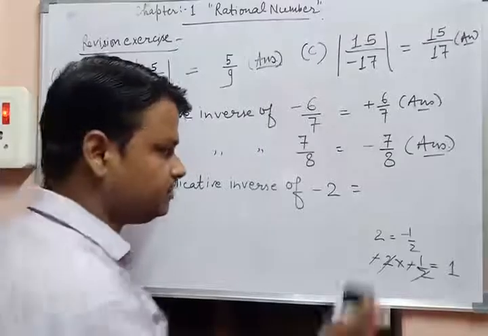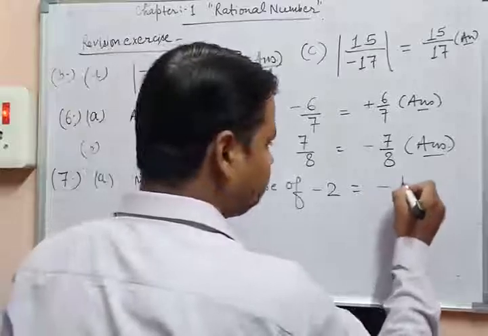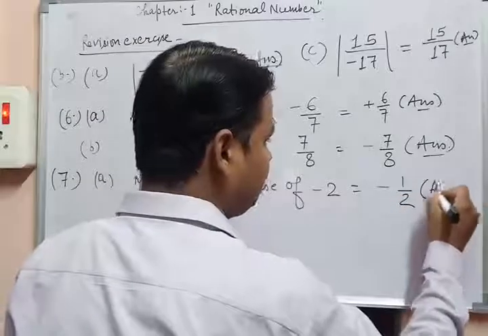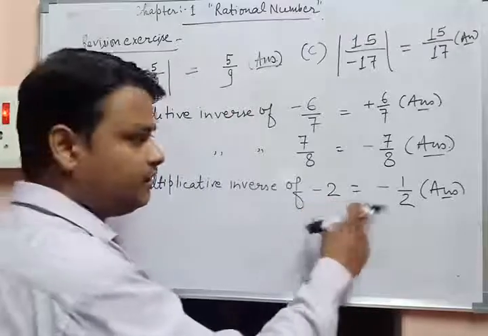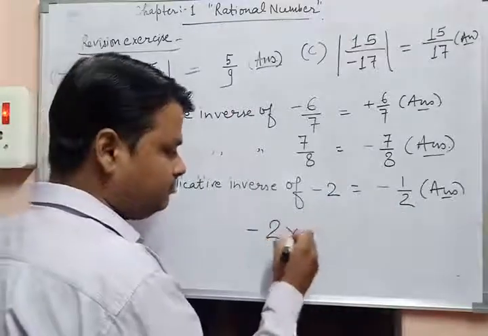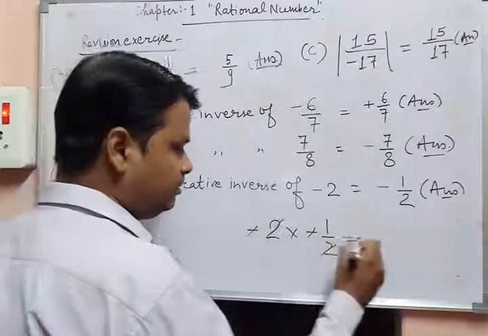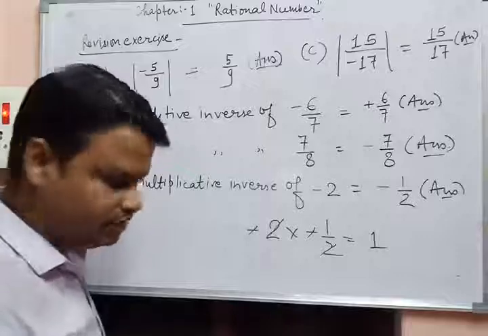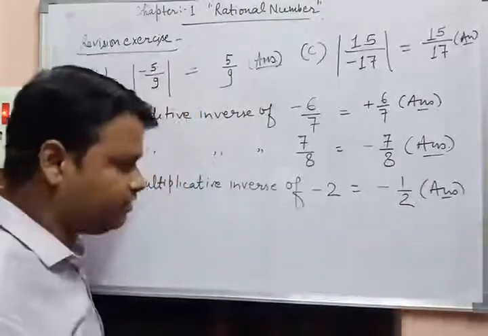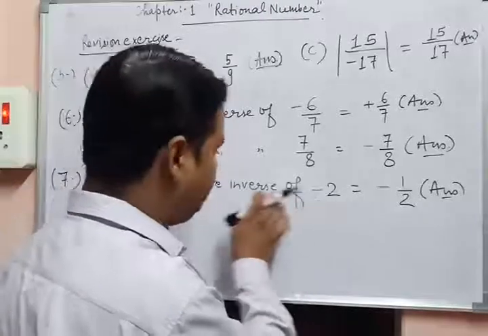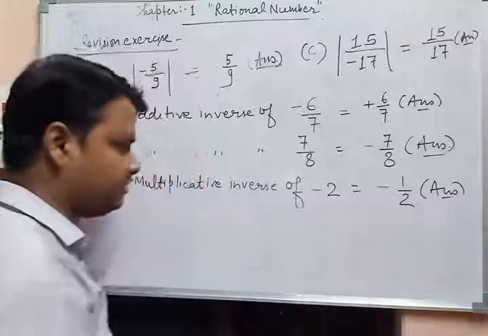So its multiplicative inverse is -1/2, because if we multiply -2 by this number, you will get 1. So this is the solution. This is how we can find the multiplicative inverse of any rational number.